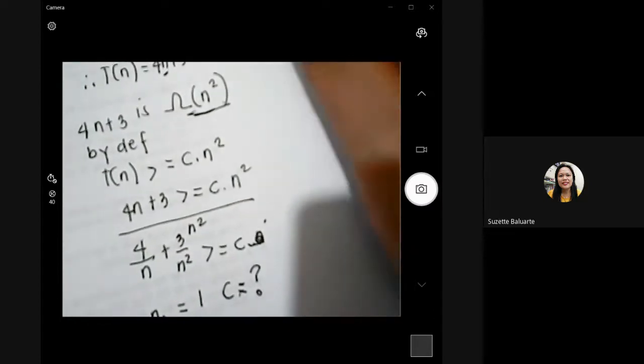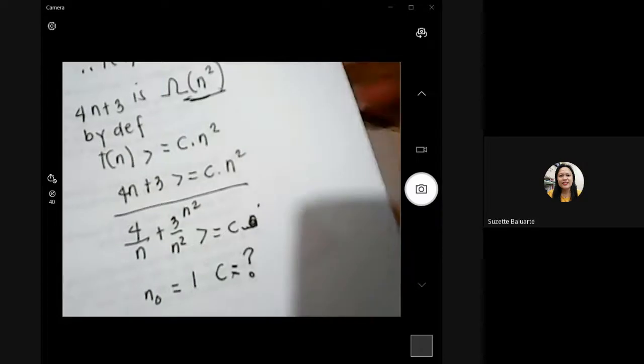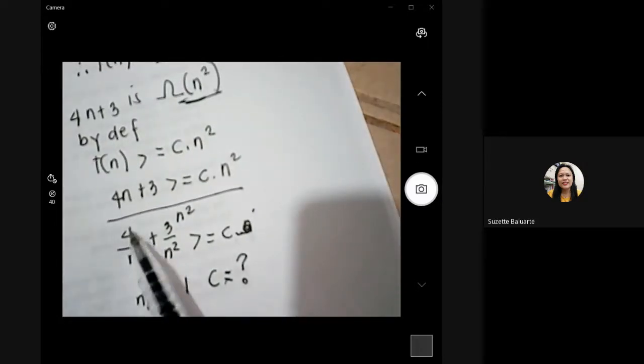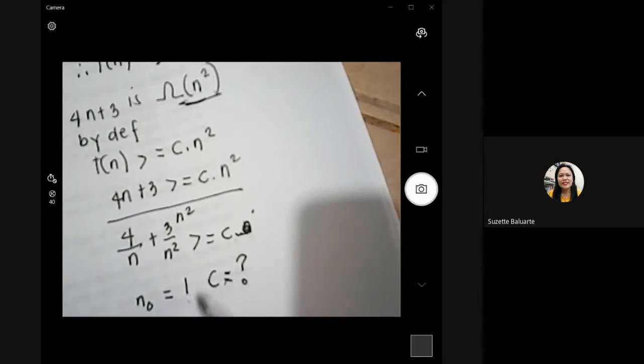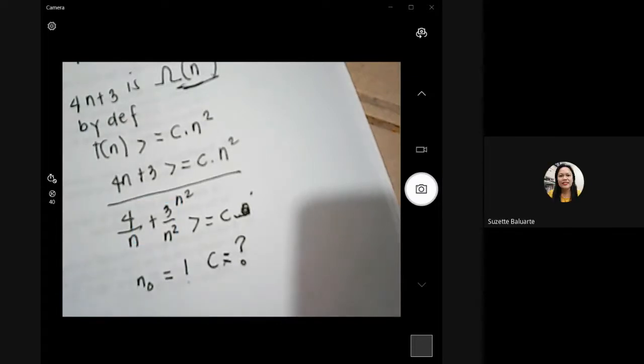Or in other words, you cannot find the constant C. Why? If you say 4 when n is equals to 1, when you increase n to 2, it becomes smaller, right? Instead of getting bigger, it goes lower. And what is the definition? It goes from small to large. Okay, you understand it.